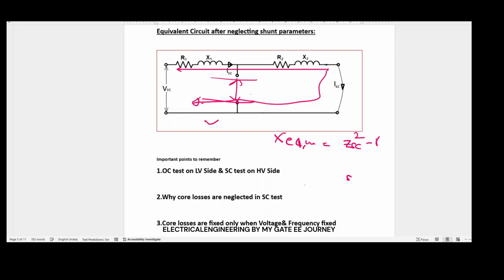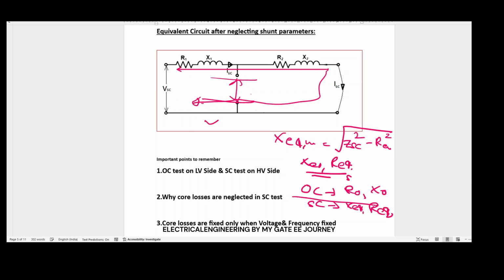From the open circuit test, you get R naught and X naught. From the short circuit test, you get X equivalent and R equivalent. But here is the catch. In the open circuit test, you get R naught and X naught on the LV side, but in the short circuit test, you get them on the HV side.